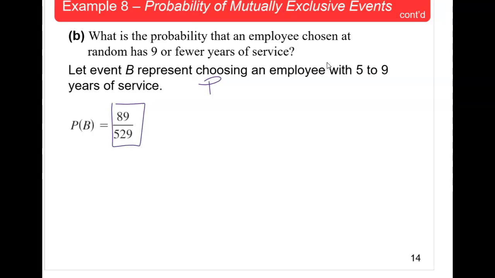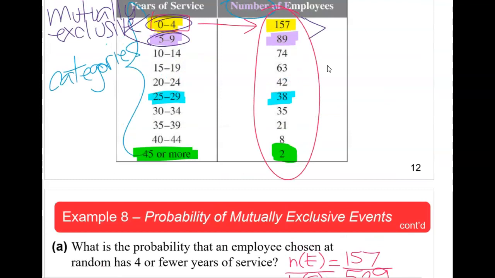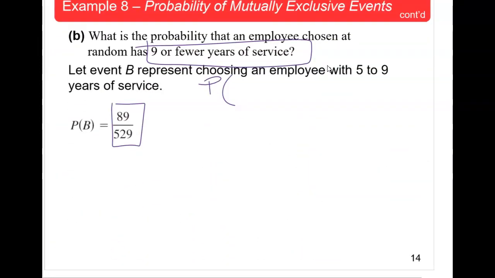To me, the question that has 9 or fewer years of service should include definitely the ones from the 5 to 9, or 0 to 4, because to me, that is fewer than 9.